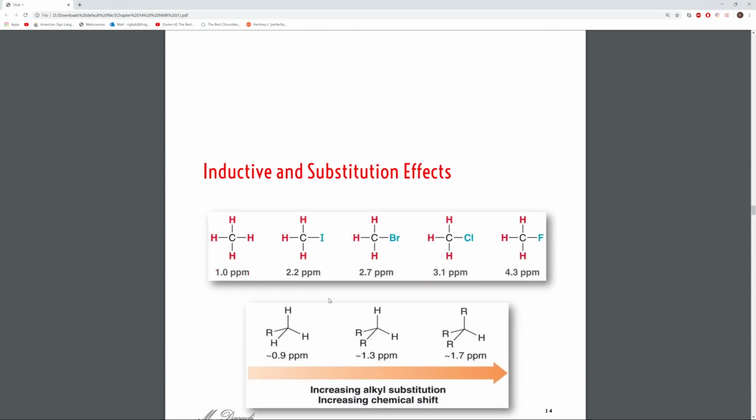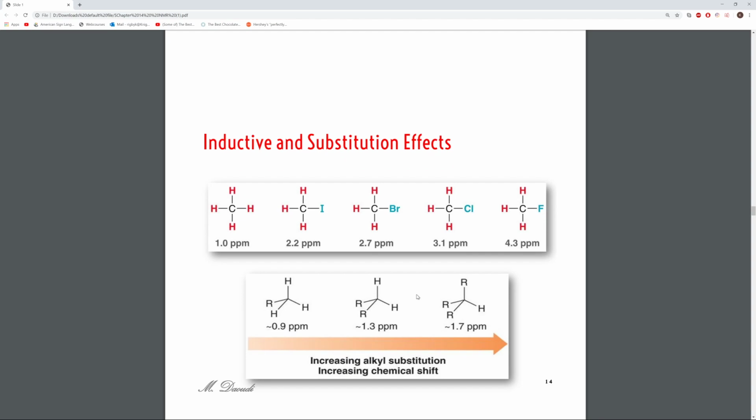Okay, so inductive and substitution effects. The more inductive it is, the more electrons it's going to pull towards itself, the more electrons it's going to pull away from those hydrogens, and the more deshielded it's going to be. Okay? Same with these R groups, which are just alkyl groups. Okay?